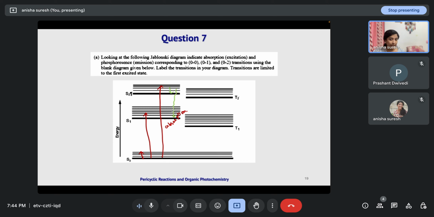Internal conversion will take place. Ma'am, please use the dark color. Okay, I will use a darker color, sorry.